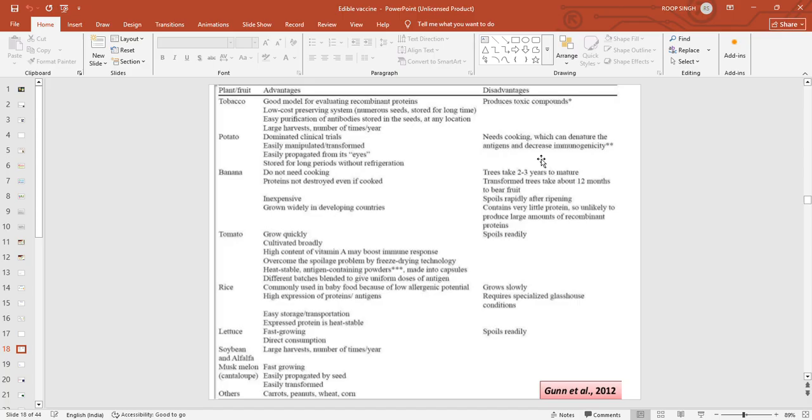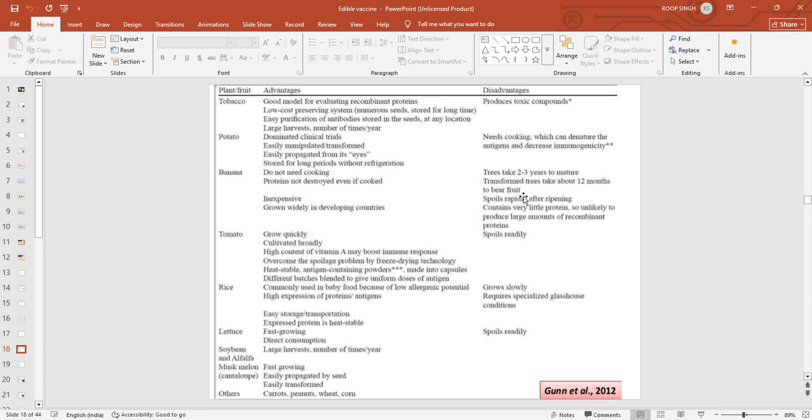So this is one disadvantage, but the long storage is a good advantage for the potato. In the case of banana, if you have an edible vaccine using banana, it doesn't require cooking. It's inexpensive, and grown quite widely in developing countries.